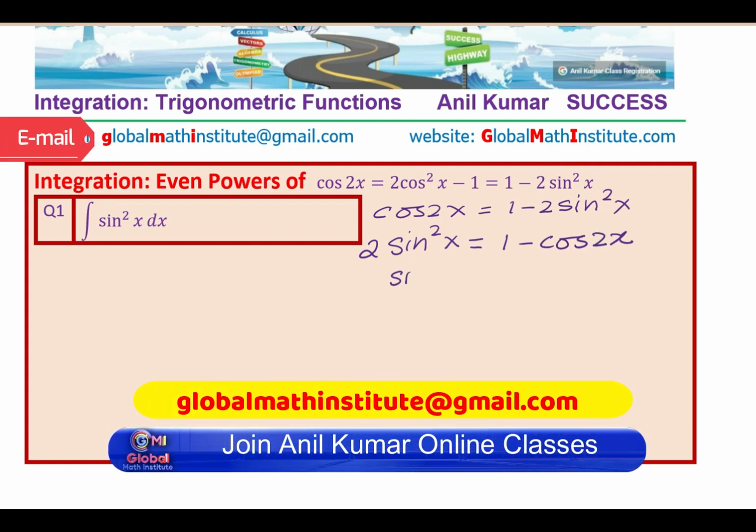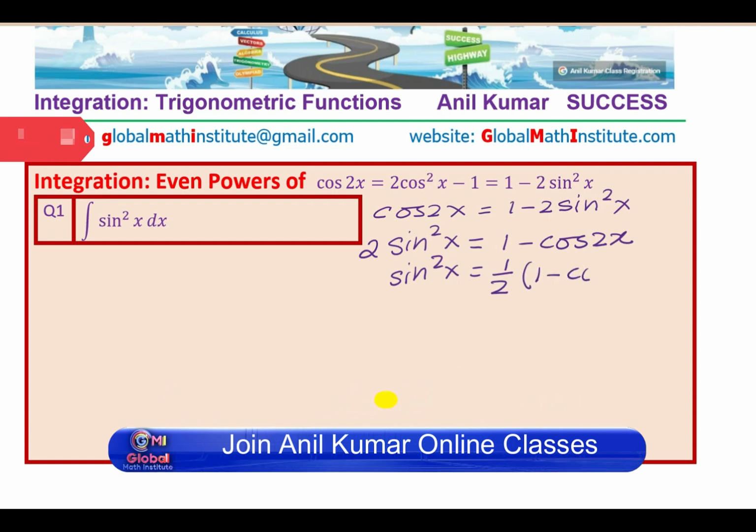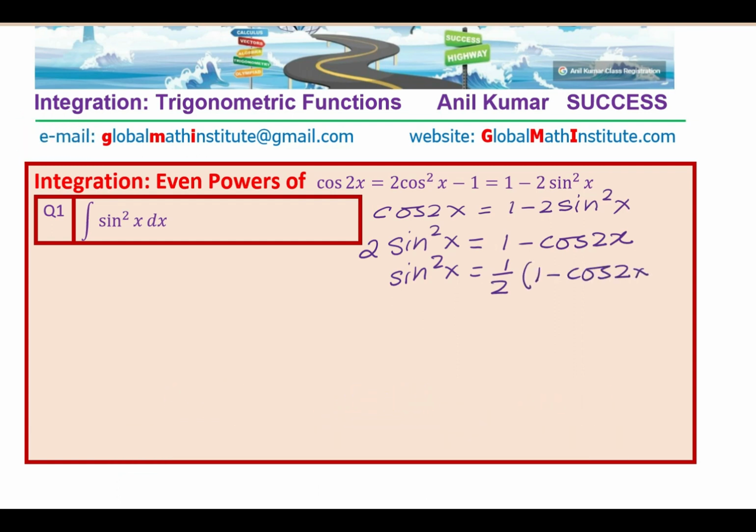Or we can say that sine square x is equal to half of 1 minus cos 2x. That is how we can write sine square x.